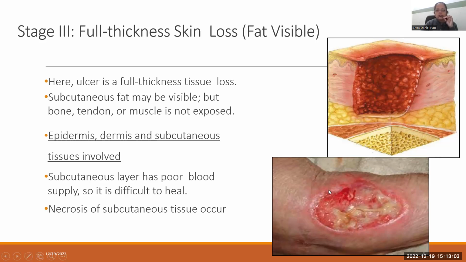All the layers of the skin, epidermis, dermis, and subcutaneous tissues are involved here. Because the subcutaneous layer is very poorly supplied by blood vessels, this stage becomes difficult to heal, and very soon it can lead to a stage 4 bed sore. We may also see necrosis of subcutaneous tissue.